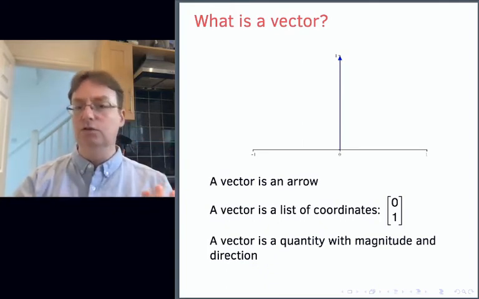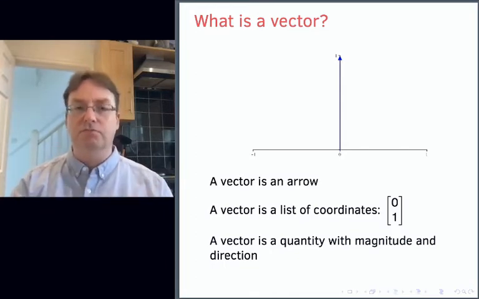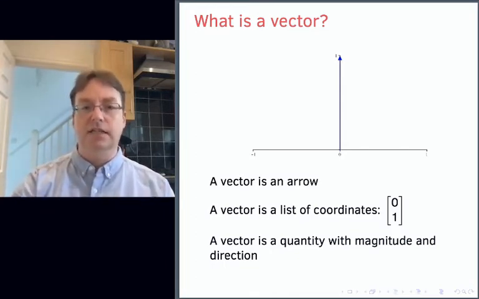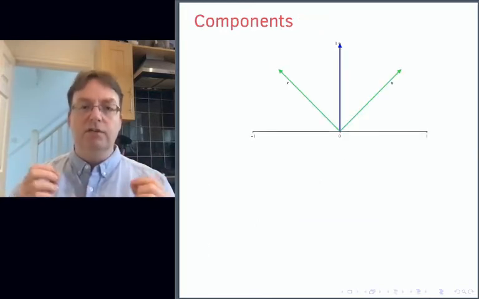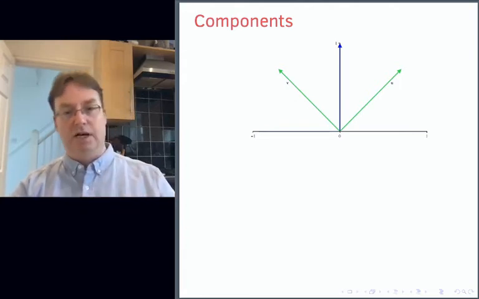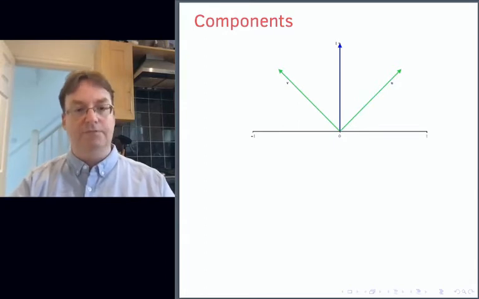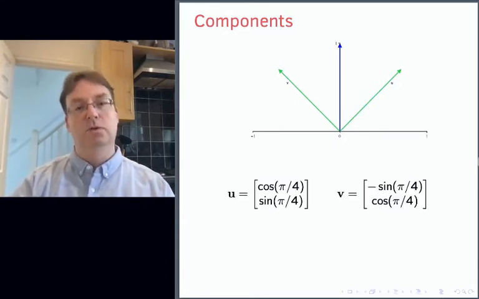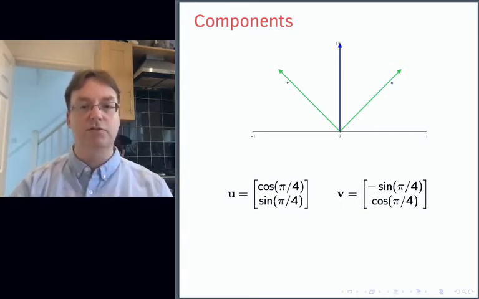And I might also want to think about measuring the vector relative to some different set of axes. So, suppose I want to resolve the vector into components not horizontally and vertically, but in some other direction. Say I take an angle π/4 to the axes. So I have 2 vectors here. I've got the vector u, which goes in that direction, and the vector v, which goes in this direction.